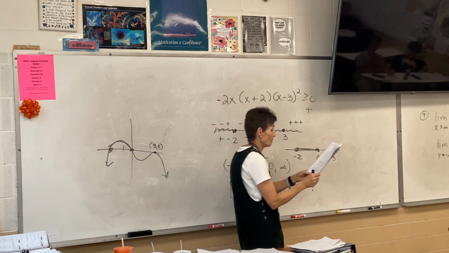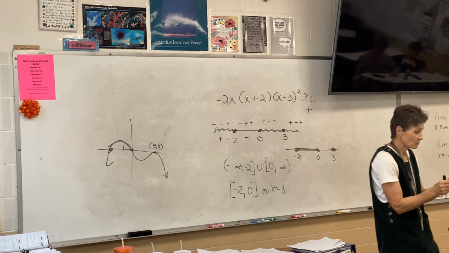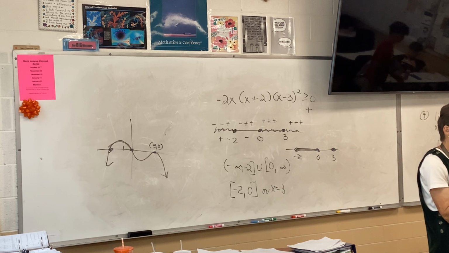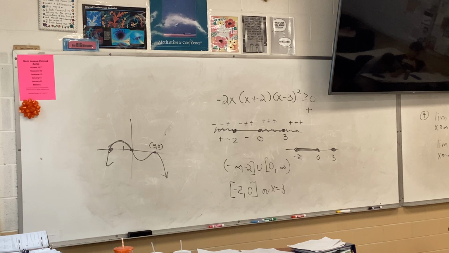All right, number 7, find all the intervals where h of x is greater than 0. Don't make this hard. What does that mean? We're above the x-axis. So bigger than 0 would be negative infinity to negative 4.